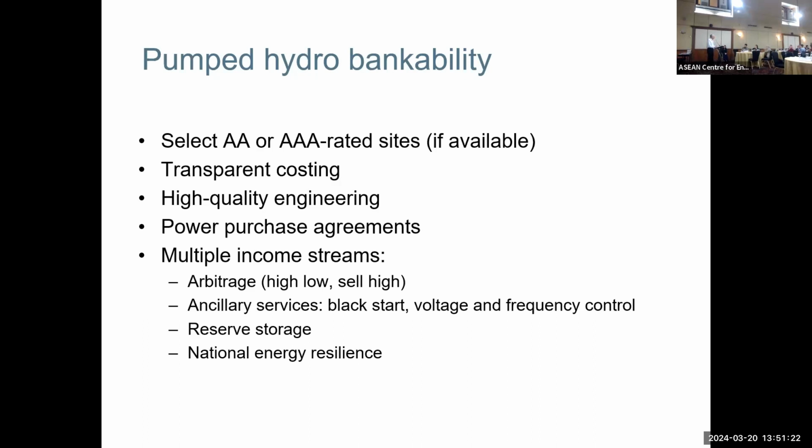And the four income streams from pumped hydro, long duration storage, is arbitrage. That means you buy cheap solar electricity during the day and sell it during peak periods at triple the price or more. So in fact, in Australia, the price of electricity goes negative on every sunny and windy day.